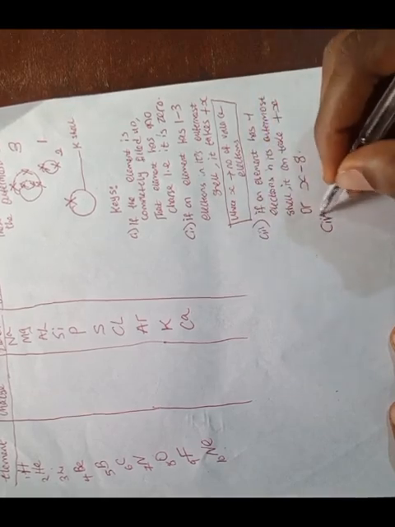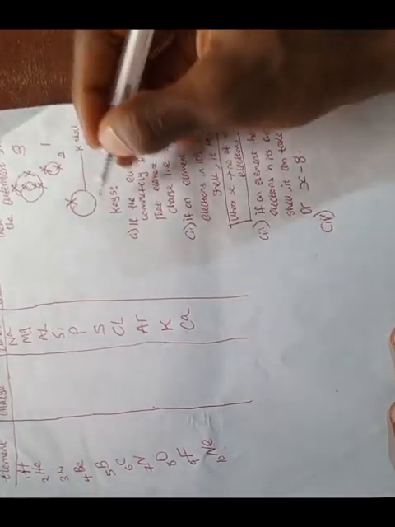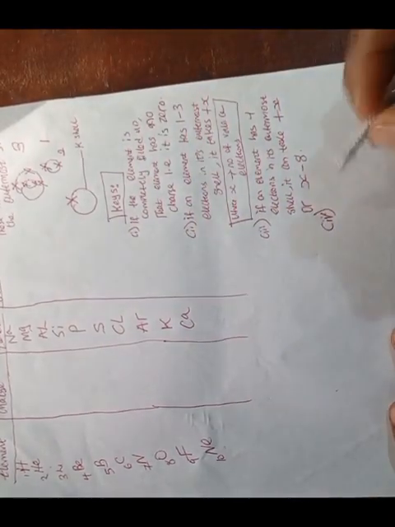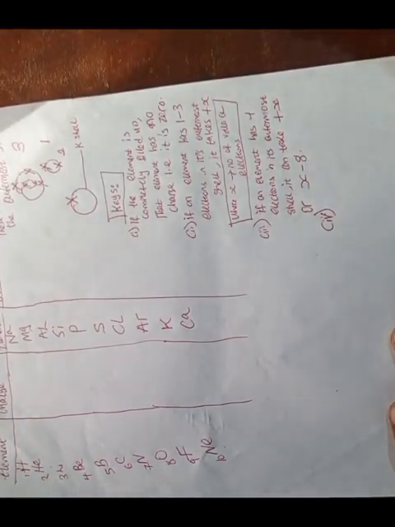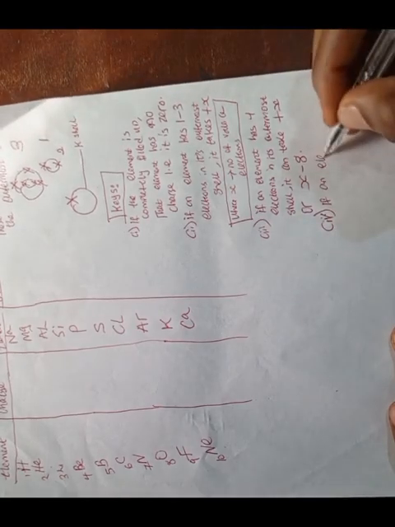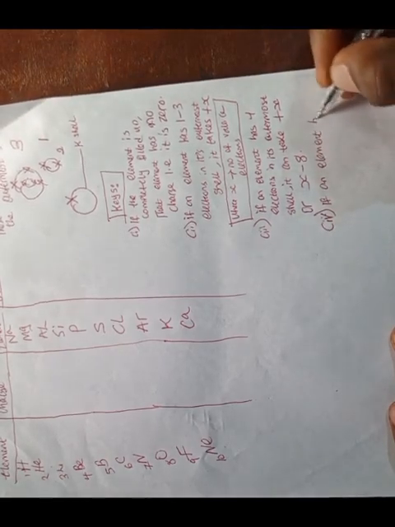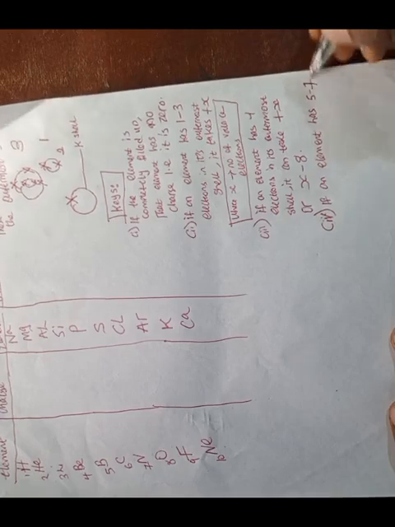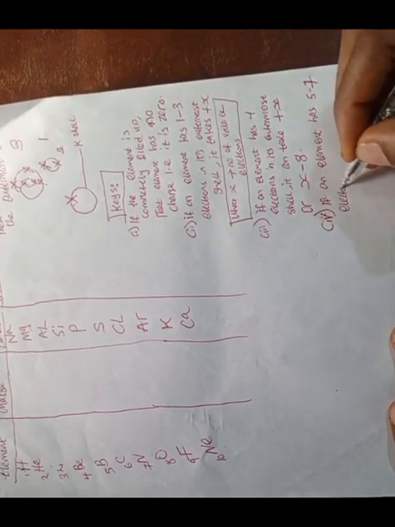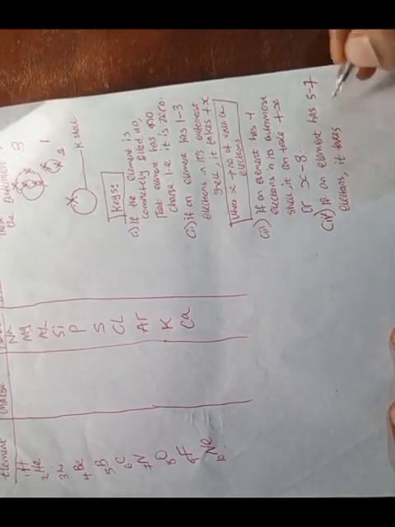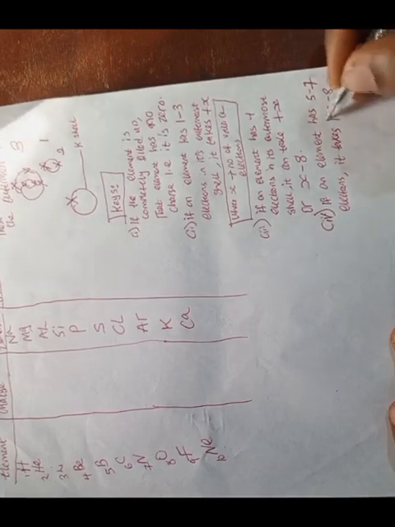Then the fourth key. These are the keys to determine your charge, the ionic charge, or the charge of the respective element. Now for the fourth key, if an element has 5 to 7 electrons, it takes X minus 8.